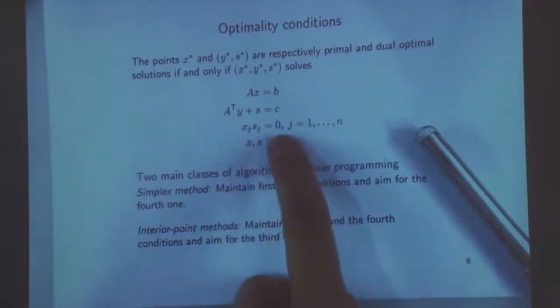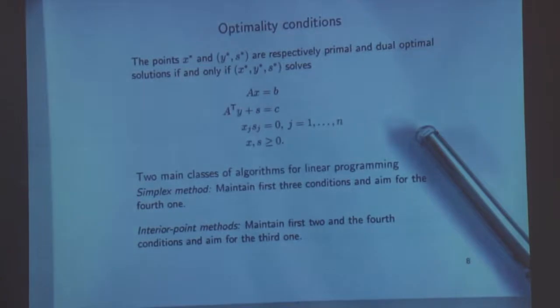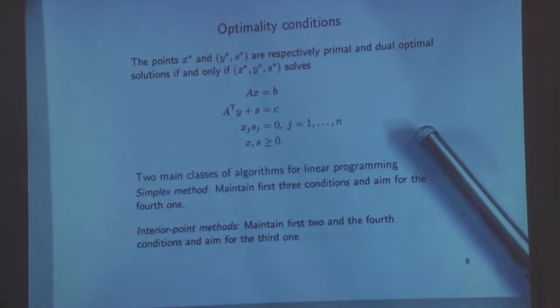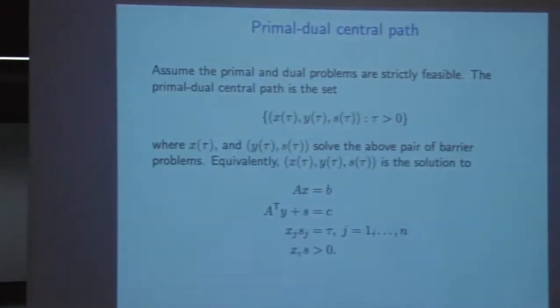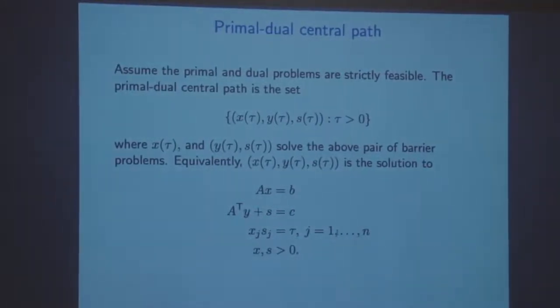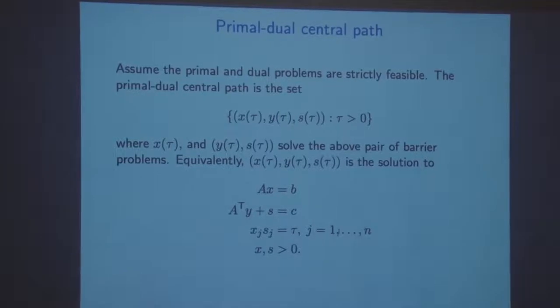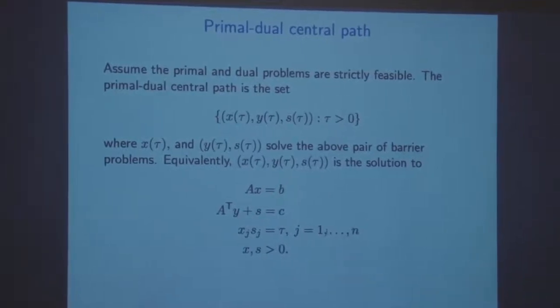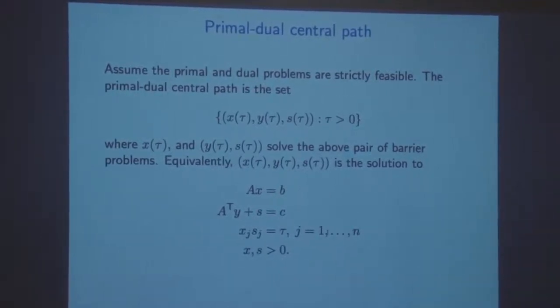The complementarity condition, xj sj equal to 0, has been replaced by this condition, right? xj sj equal to tau. Now, for each value of tau, there is a solution to that problem. And if we look at the collection of all the solutions, that is the central path. Okay? So I have a little pop quiz question for you.